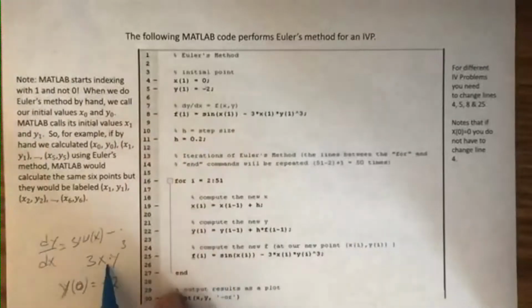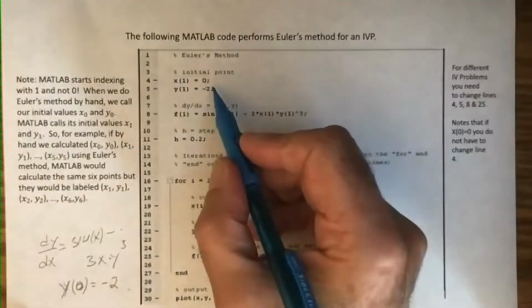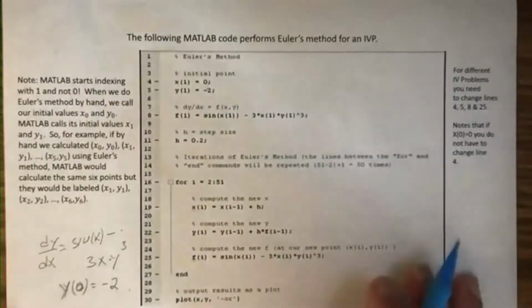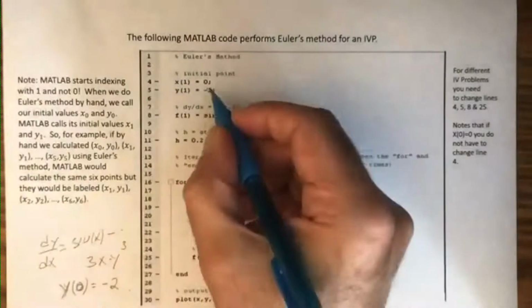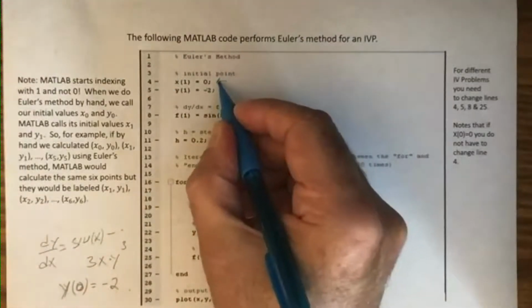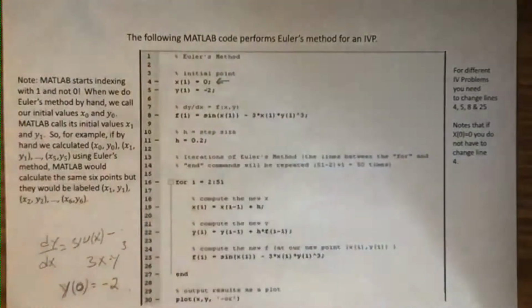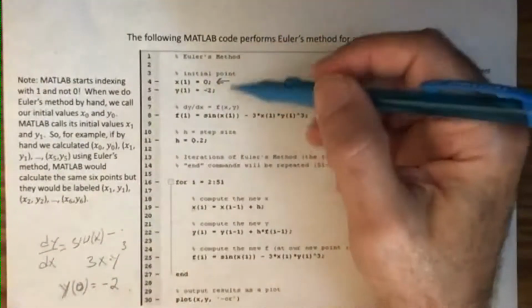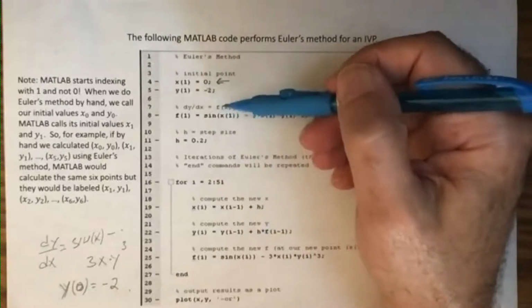So if we had a different one, and if we were starting from an initial condition where we had 0, we wouldn't need to change this line. I'm going to give you on the exam a problem that you have to do by hand, but you can check your result.